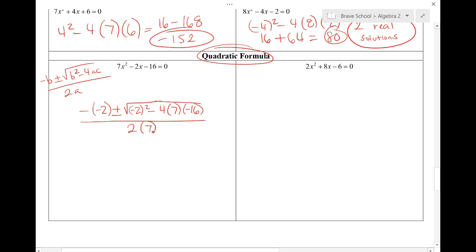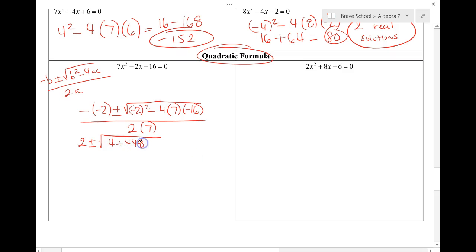So now just evaluate it. Negative times negative 2 is 2. And then on the inside here we've got 4 minus, let's see, 4 times 7 is 28, times 16 is 448, and that's going to be positive.